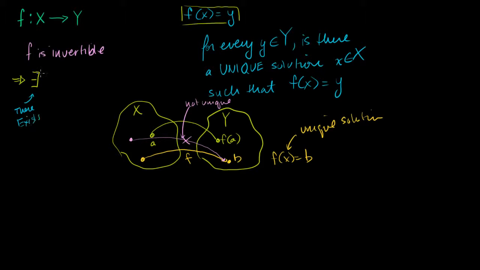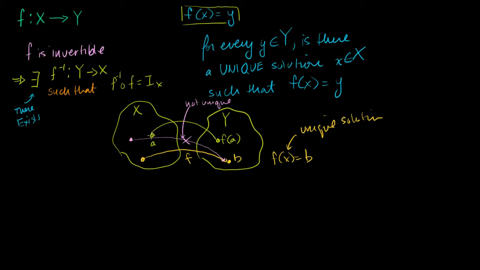That means that there exists some function, let's call it f inverse, that's a mapping from y to x, such that the composition of f inverse with f is equal to the identity on x.